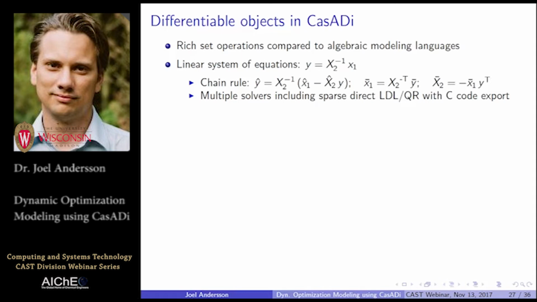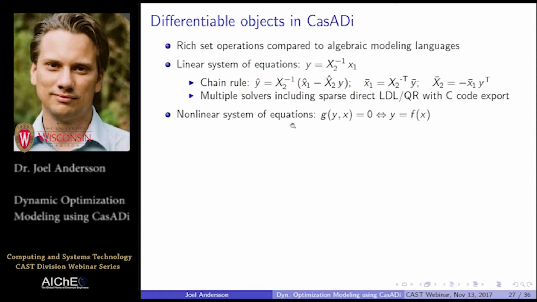And we have a number of solver interfaces for this, including newly added codes for sparse direct LDL factorization and QR factorization with self-contained C code export. So this is part of CasADi's core, but we also interface to third-party solvers.